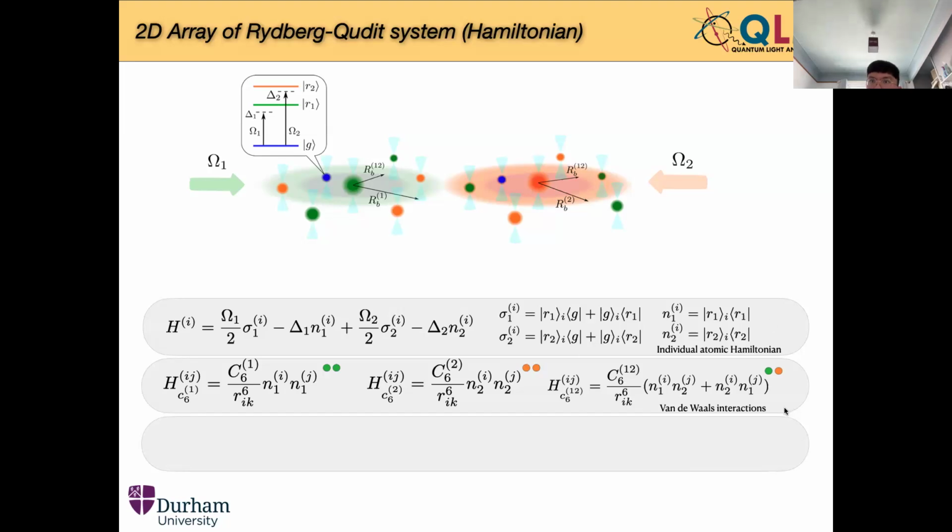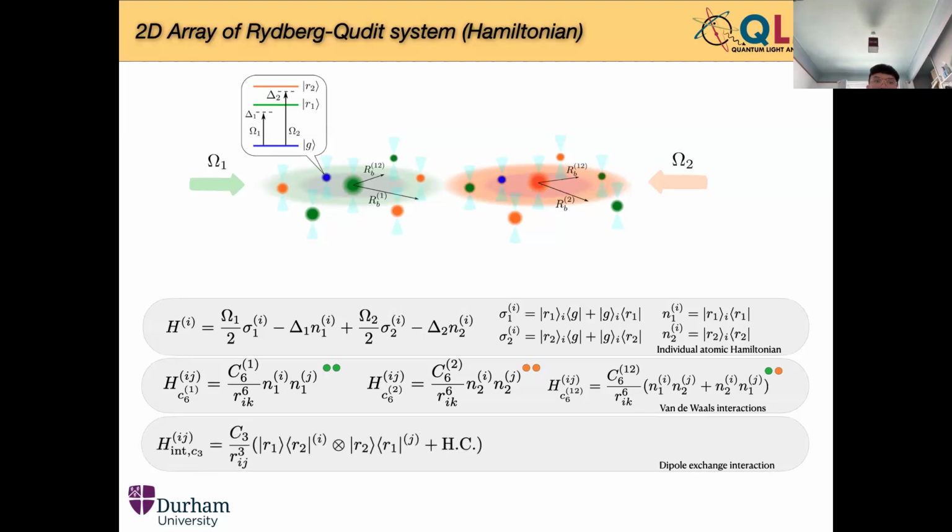We don't want this interaction to solve our gap carrying problem. But fortunately, if we choose the nS state, meaning angular momentum equal to 0, this C612 is normally very small compared with C61 and C62. So we allow it to exist in our system if we ensure that C612 is very small compared to C62 and C61.